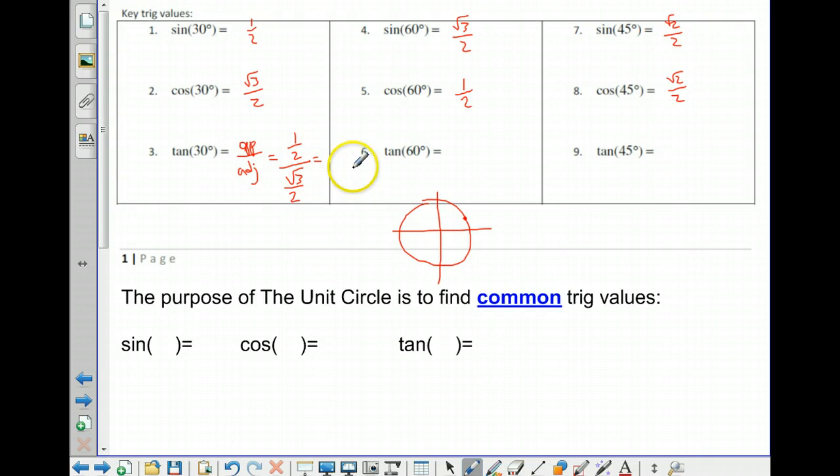How do I simplify this? 1/2 times 2 over square root 3. 2's cancel out, and I'm left with 1 over square root 3. But that's no good. Square root of 3 over square root of 3 becomes square root of 3 over 3.